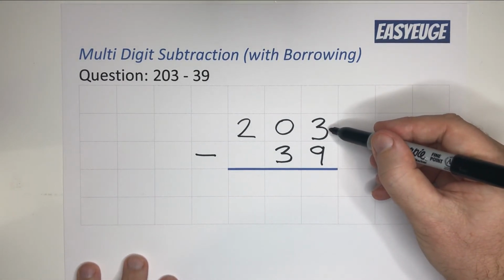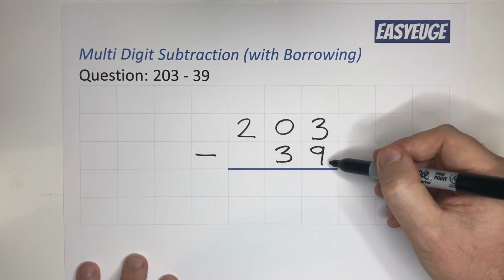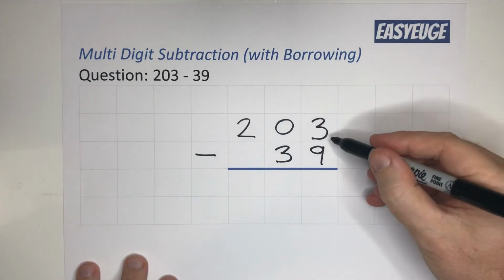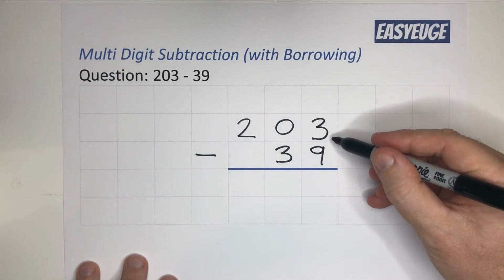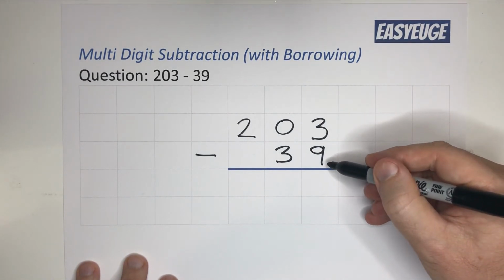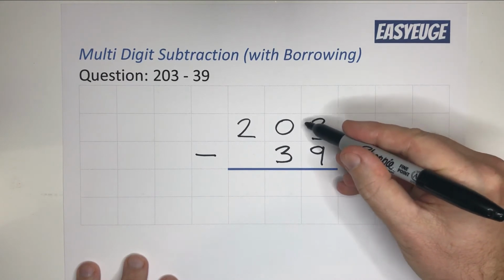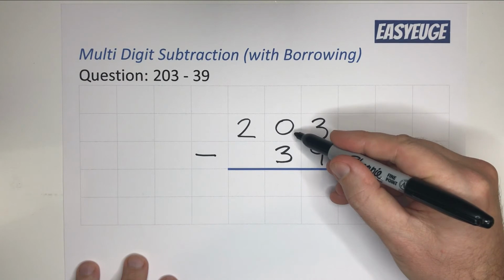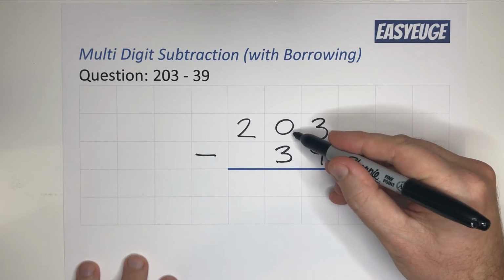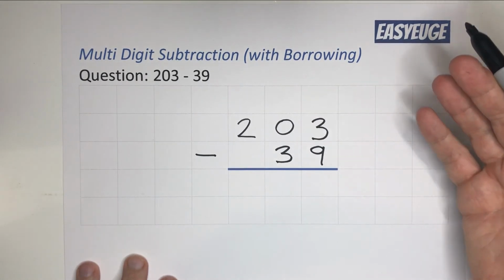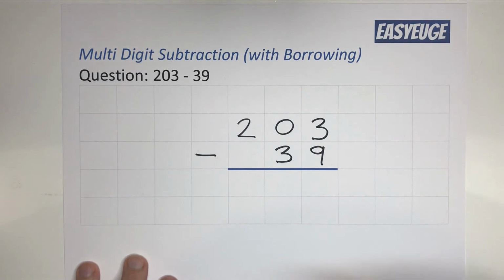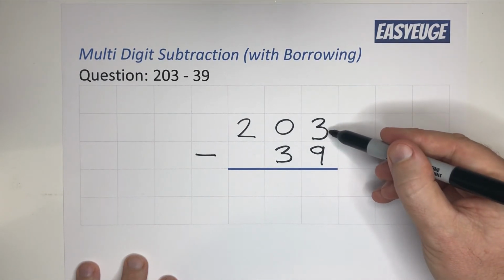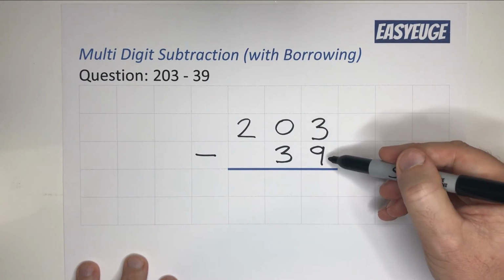Okay, we know how to do borrowing now, so let's get started. 3 subtract 9. Well, we know that that's not going to work because 3 does not have enough to take away 9. So let's go to the neighbour and we'll borrow 1. What? We can't borrow 1 off a 0. The 0 doesn't have anything. So what are we going to do? How am I going to make that 3 bigger to take away that number?